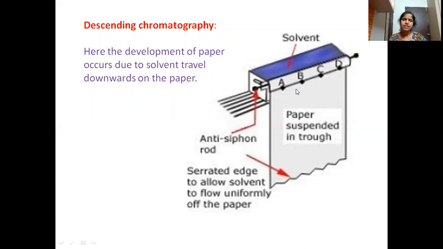So when it is traveling down from the top, it will come in contact with these samples. When it comes in contact with the samples, again, it depends upon the affinity which is present between the sample and the paper. If the components are more strongly bound to the stationary phase, then they will travel to a lesser extent, as we have seen in TLC.